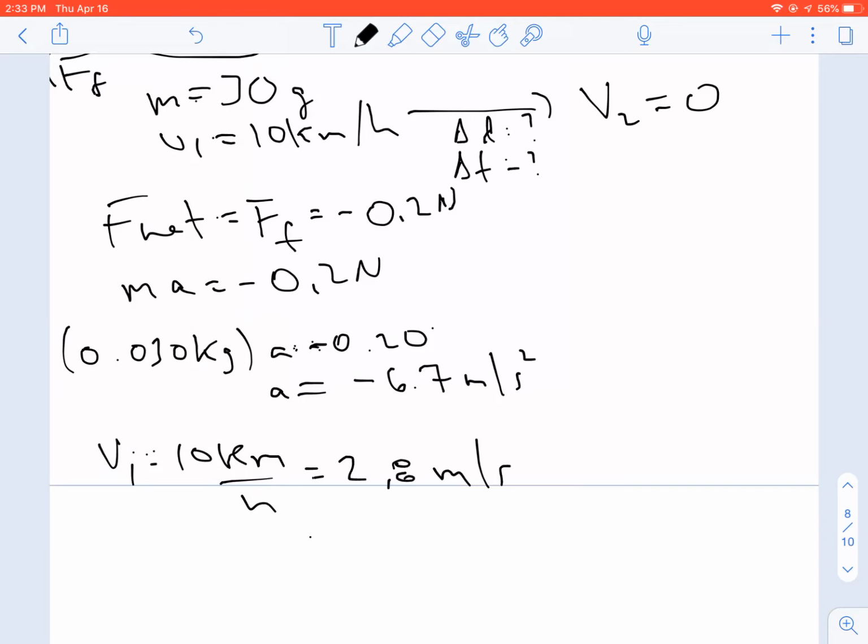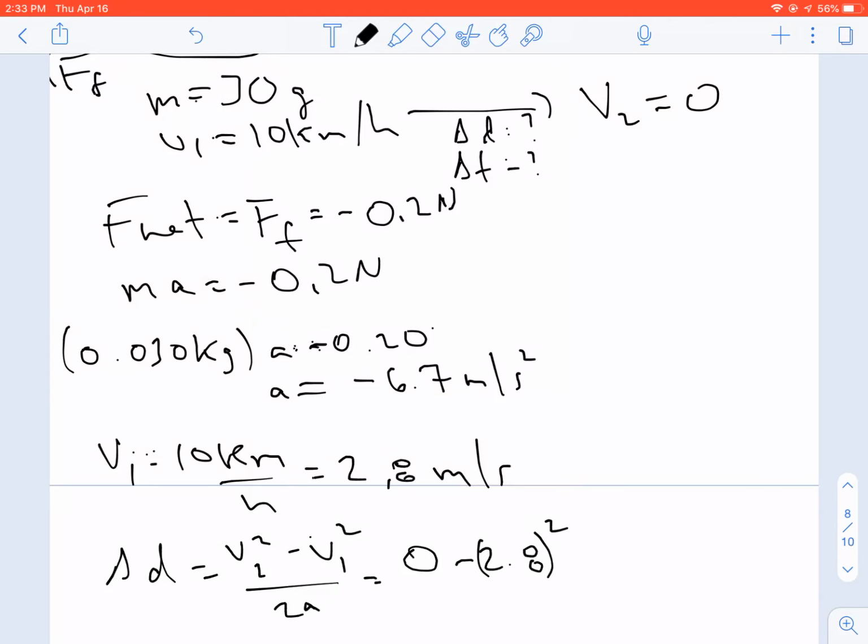So I can use any of the equations that I want. I'm going to look at delta D equals V2 squared minus V1 squared over 2a to find the distance, because I know V2 squared minus V1 squared.